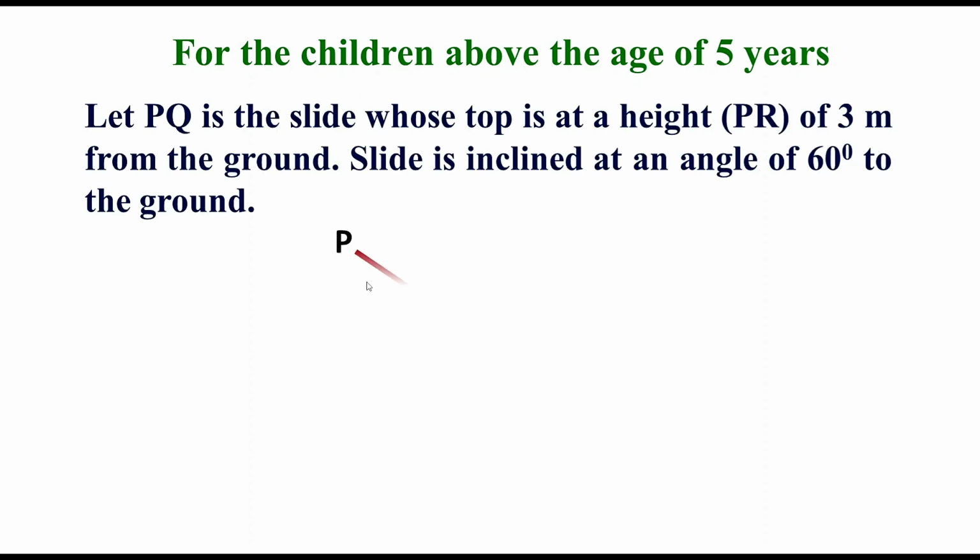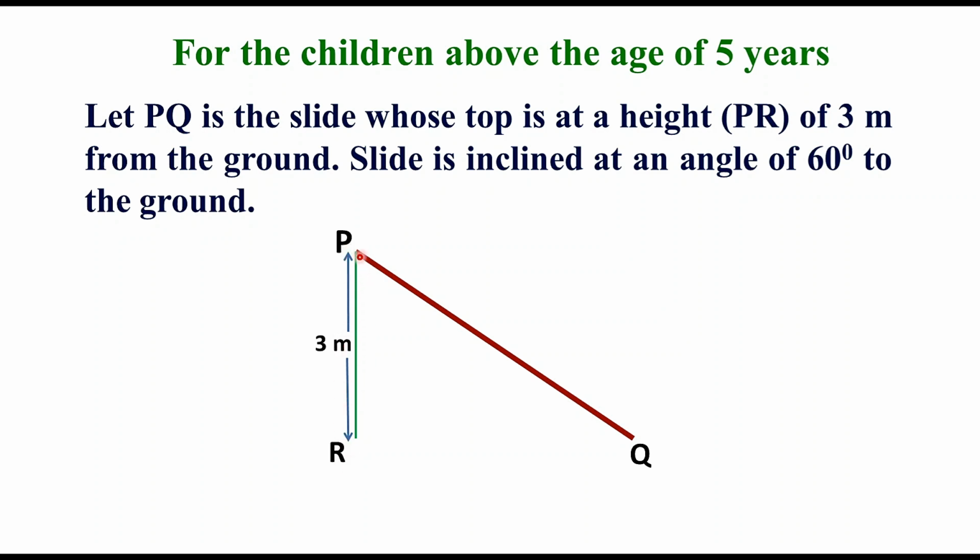Now for the children above the age of 5 years, in this case let PQ is the slide, and this time the top P of the slide is at a height of 3 meter. Here PR is equal to 3 meter.